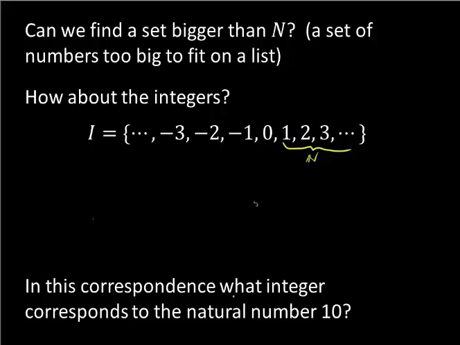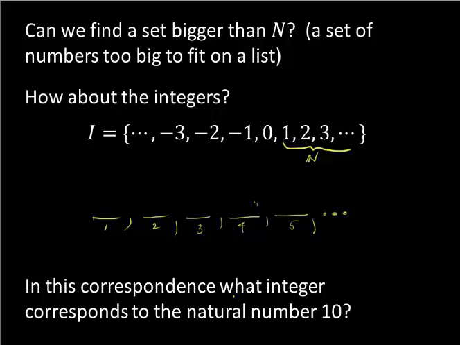So let me draw out what we're asking here. Can we put a first one on, and a second one, and a third one, and a fourth one, and a fifth one, and keep going forever, guaranteeing by the method by which we create the list that every integer will be on that list, each only once?